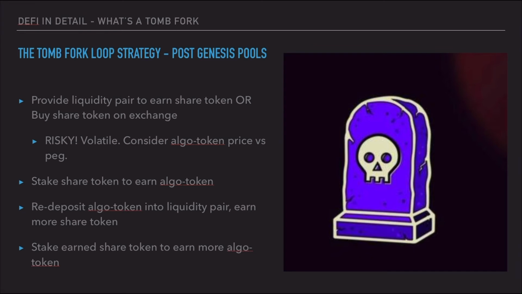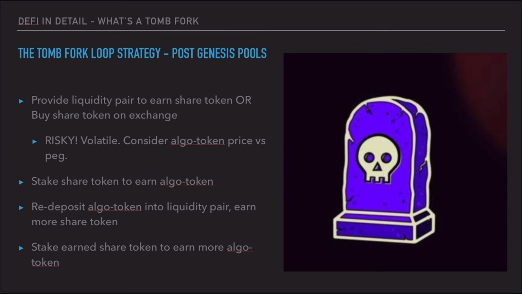Now, this is an incredibly risky, volatile play because you have to consider the price of that algo token versus its peg. And I have a visual for you on that coming up here later. But let's say our algo token is pegged to the price of another token whose value is $1, but we buy it at $20 a piece.